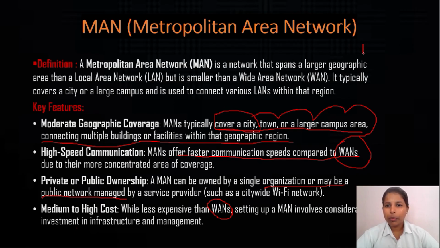When we compare the LAN and the MAN, it sits between them both. I hope you understand that it is higher cost than the LAN, but it is less cost when you compare to the wide area network. So it is between the LAN and the WAN.